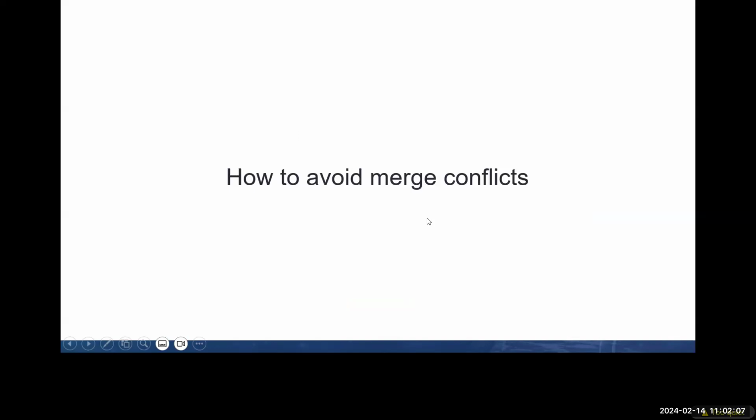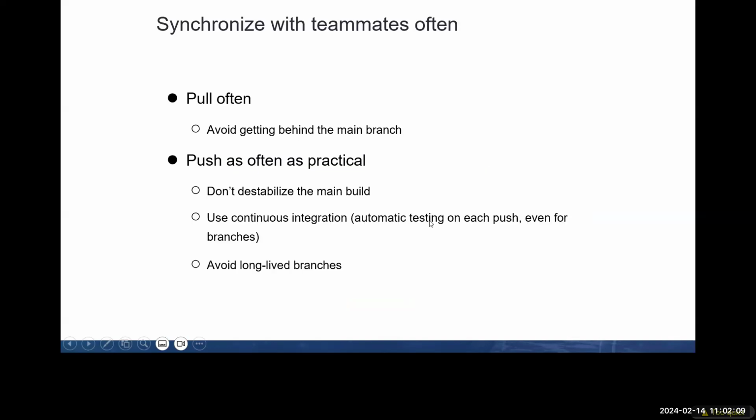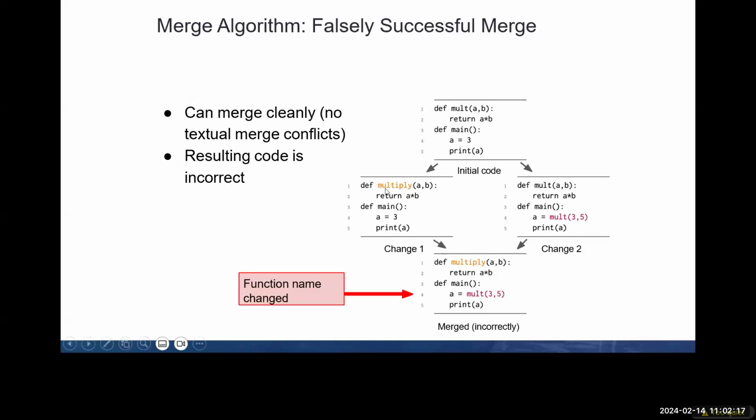So how to avoid merge conflicts? We need to pull often to avoid getting behind the main branch. Because if this user changes the function name and pushes his code, then when the other user wants to work on this project, he will get the updated name of the function.